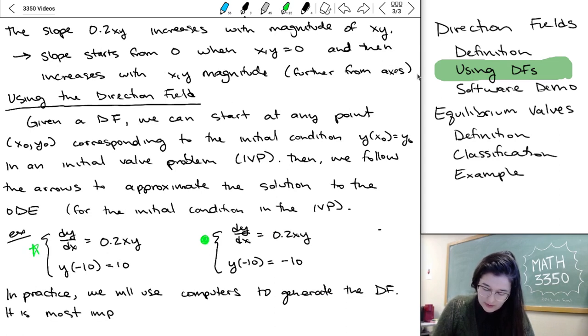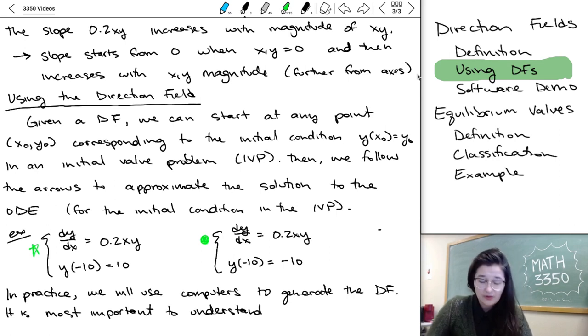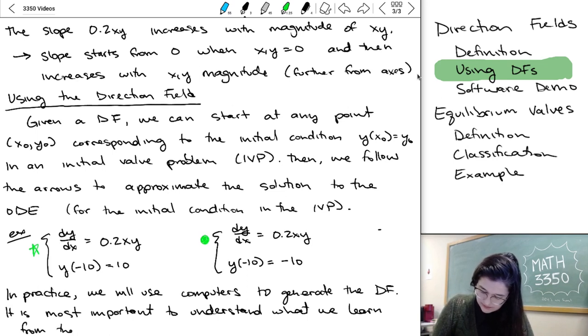So the thing that I really want you to be taking away from this is what the direction field tells us and what it's good for, or what we can learn. And what we're learning is what the solution looks like.